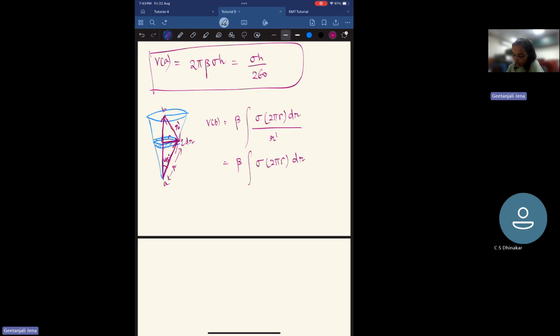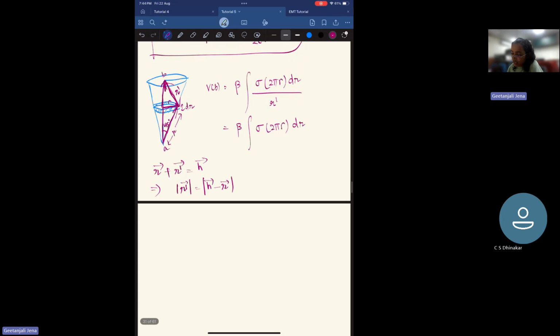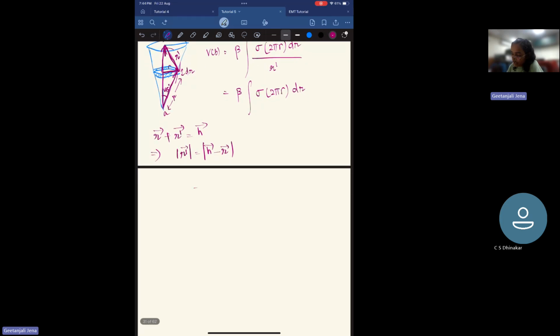So that is why we are following these steps. You can see r plus r prime is h, right? So that means r prime is h minus r. And what is the angle between h and r? It is 45. So this will give h square plus r square minus root 2 hr.